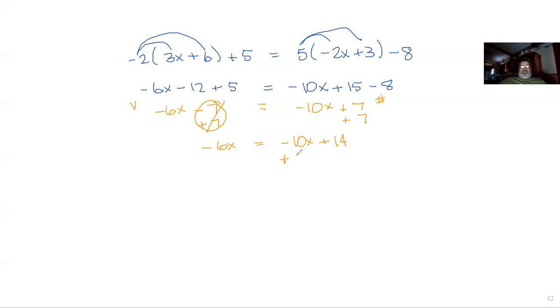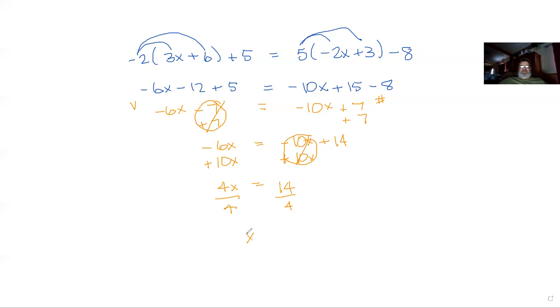And then I'm going to add 10x to both sides. -6x, positive 10x, that is going to wash out to a positive 4x. Those negate. 4x equals 14. Let's divide away our coefficient.